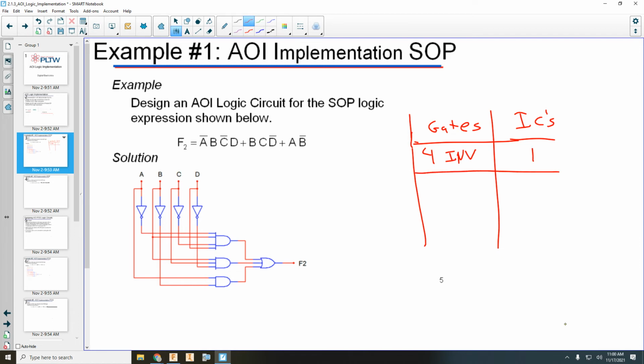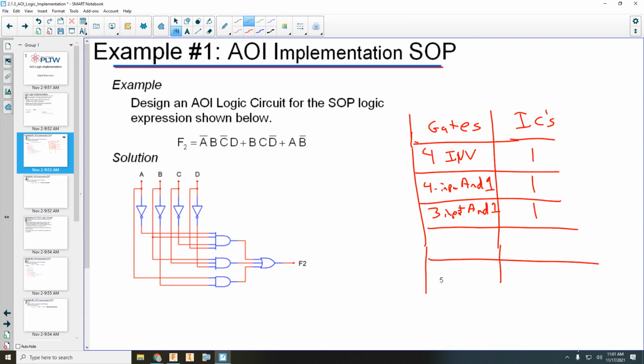But all 4 of those can be wired on one chip. Okay, we have a 4-input AND, so that would be a separate chip. We have a 3-input AND. And we have one of those. We only have one of each of those, but that's going to be on a separate chip.